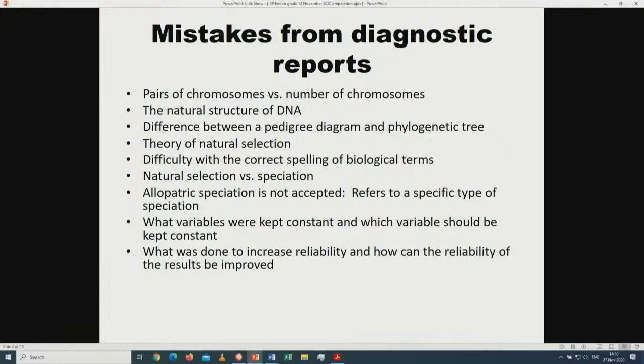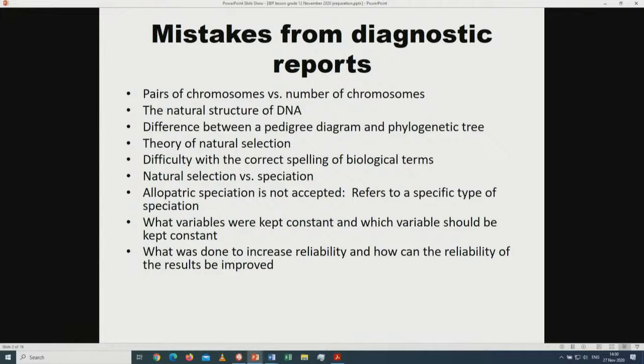The information might be given in the question paper. Now, as a candidate, you must go to the information that has been provided and indicate whether the investigators or the scientists did certain things in order to improve the reliability. So the answer must come from what was done in that investigation.